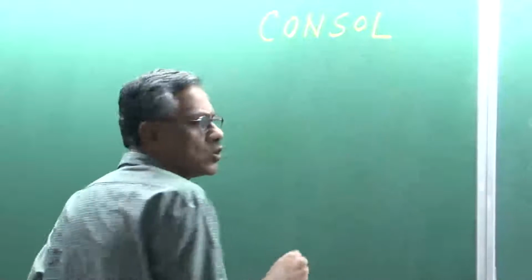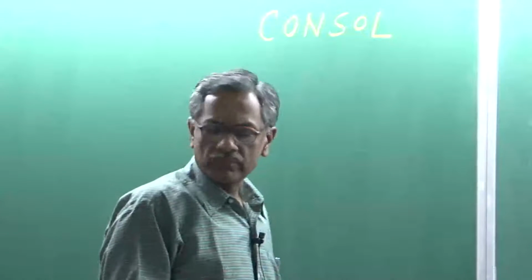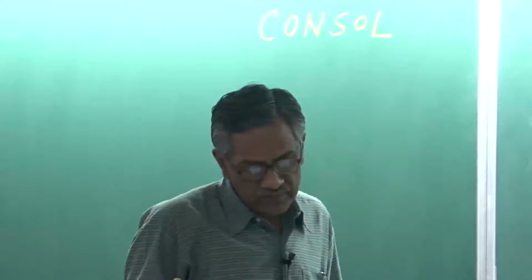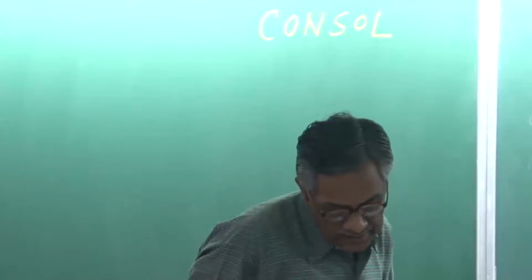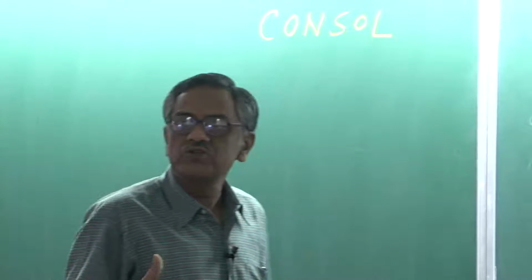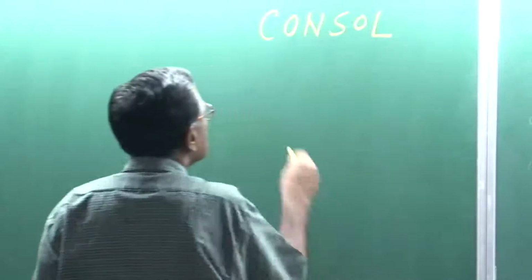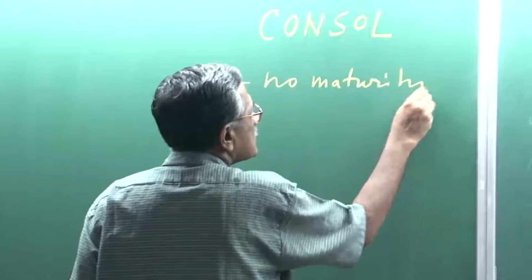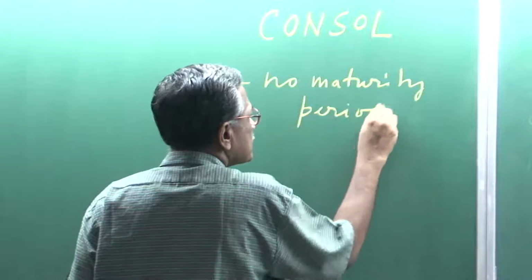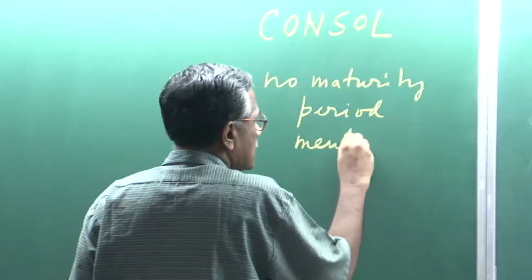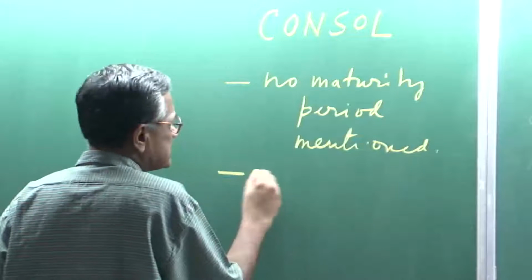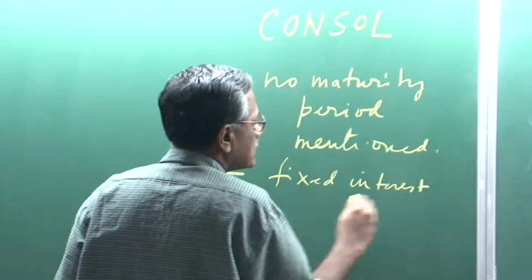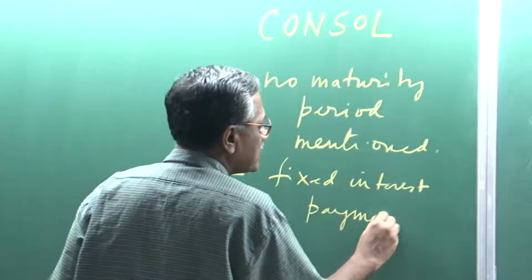Console is a bond which is sold at a price, but it doesn't have any maturity period, no maturity period mentioned, so it goes to infinity in some ways. And it has a fixed interest rate, of course, like a coupon bond. Fixed interest payment every year you have.